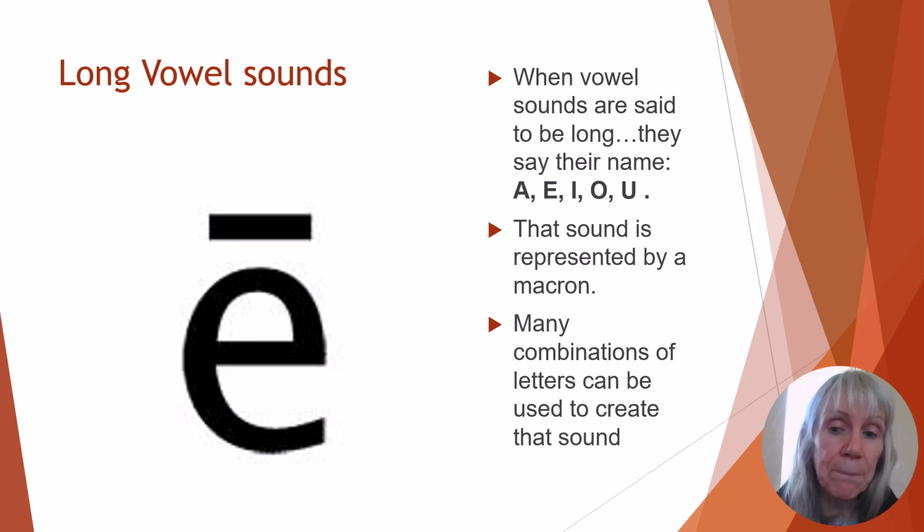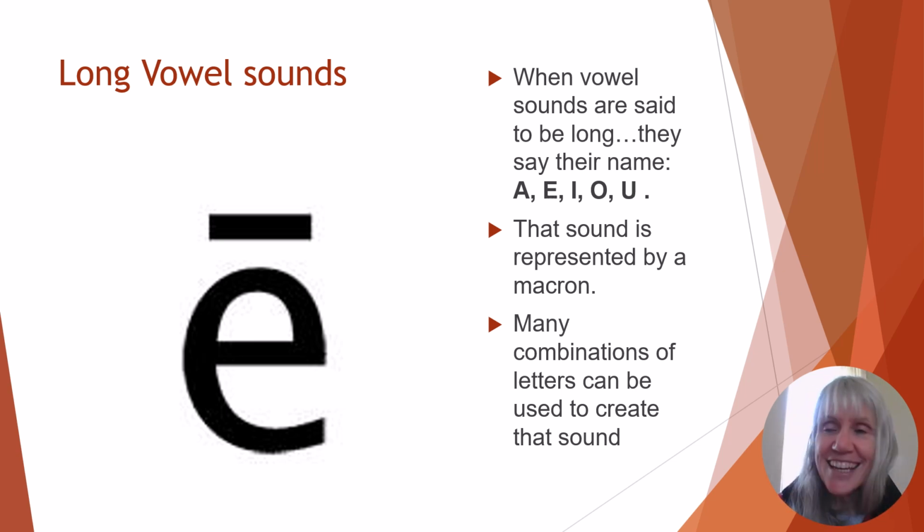If I said be as in to be or not to be, that's only one E, but we still hear the E saying its name, so it has a macron over the E. If I say bumblebee, I still have an E sound, exact same sound, but I have a combination of 2 letters to make that grapheme that represents that long E sound.